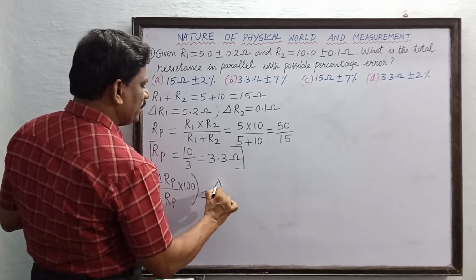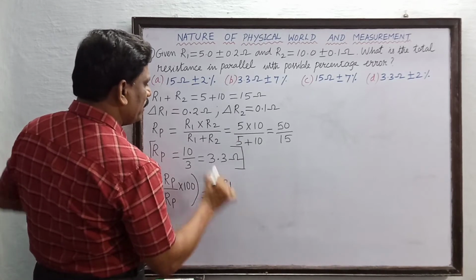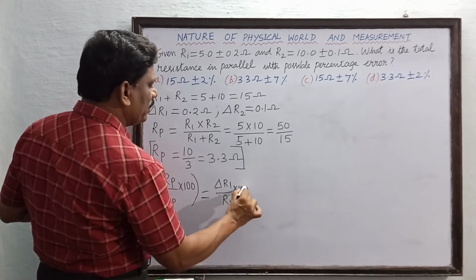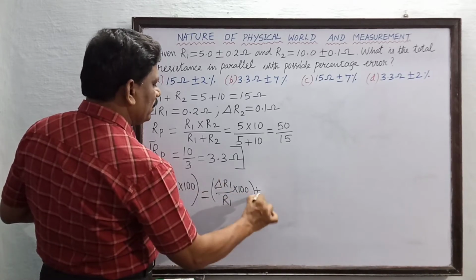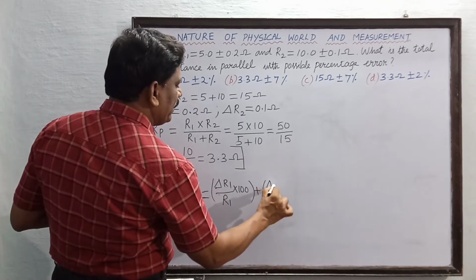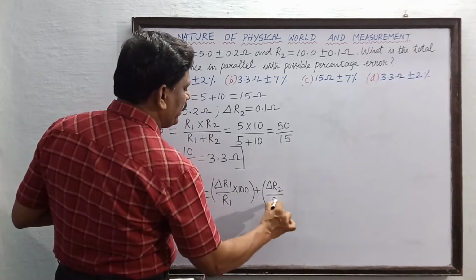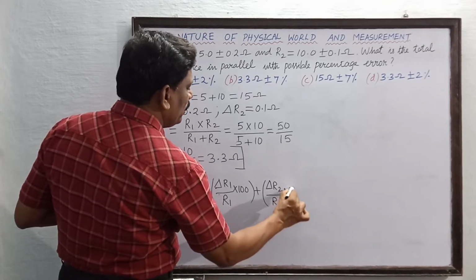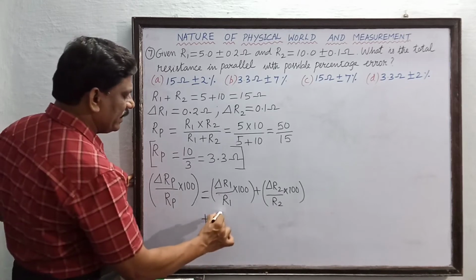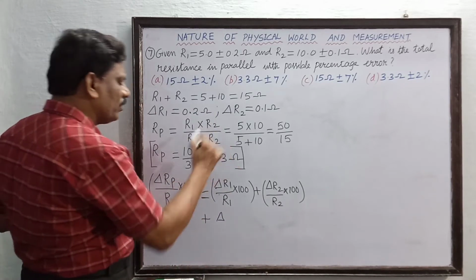So it is delta R1 divided by R1 into 100, plus the second term is percentage error in R2. So it is delta R2 divided by R2 into 100. And the third term is plus delta of R1 plus R2.